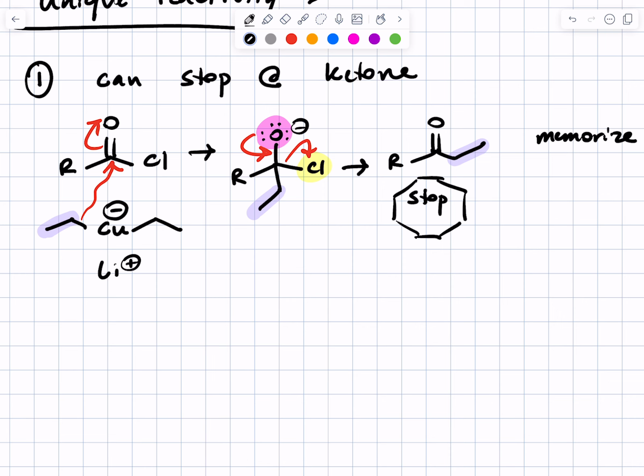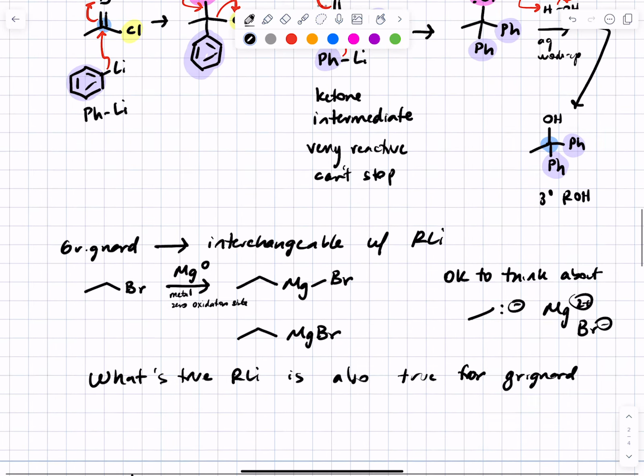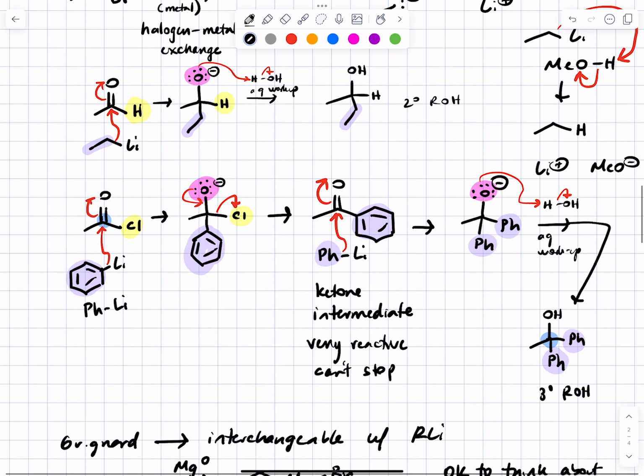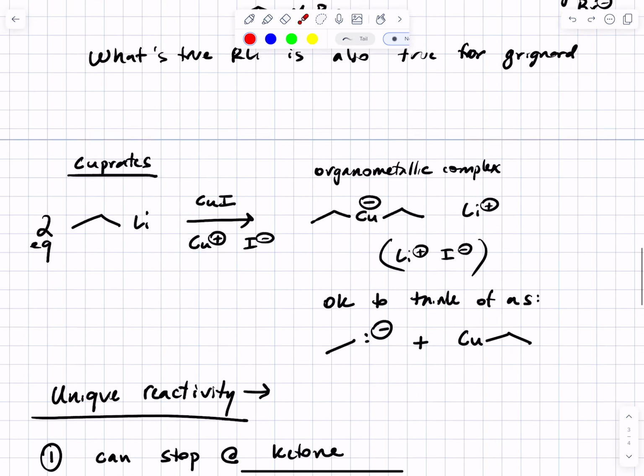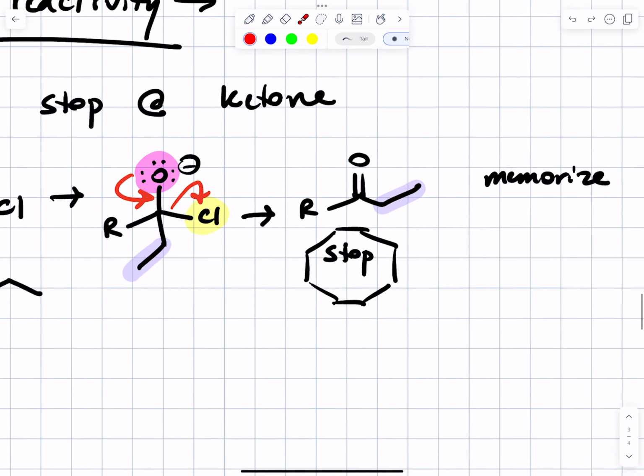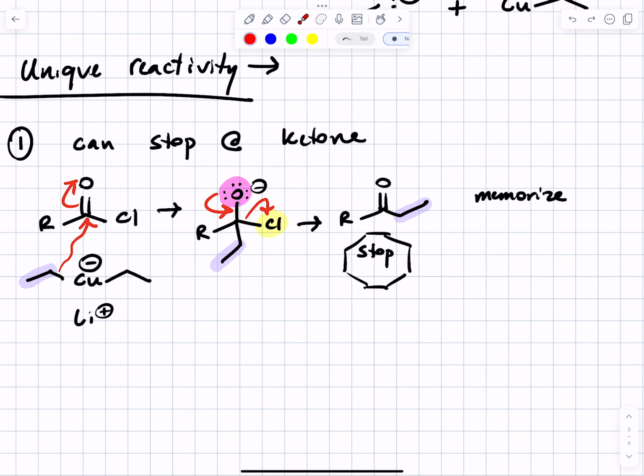Okay? It's important though because it allows you to take the same starting material that we saw earlier, the acid chloride, and not go to the tertiary alcohol, but instead stop at the ketone. What I said before about looking for structural patterns in products as ways to help you categorize and remember things and make connections to reactions applies here.